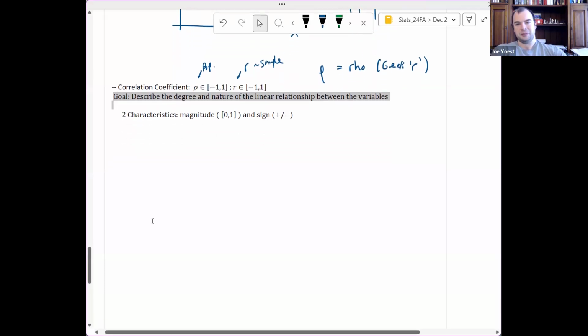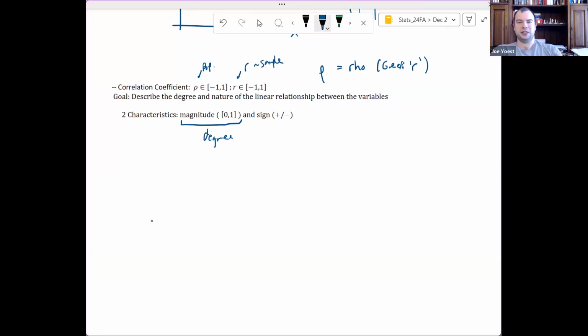So we have two characteristics: magnitude between 0 and 1, describing the degree of the relationship. In other words, if I take a number between -1 and 1, and I take its absolute value, its magnitude, its size, just basically chop off the negative or whatever sign in front of it, I get a number between 0 and 1.